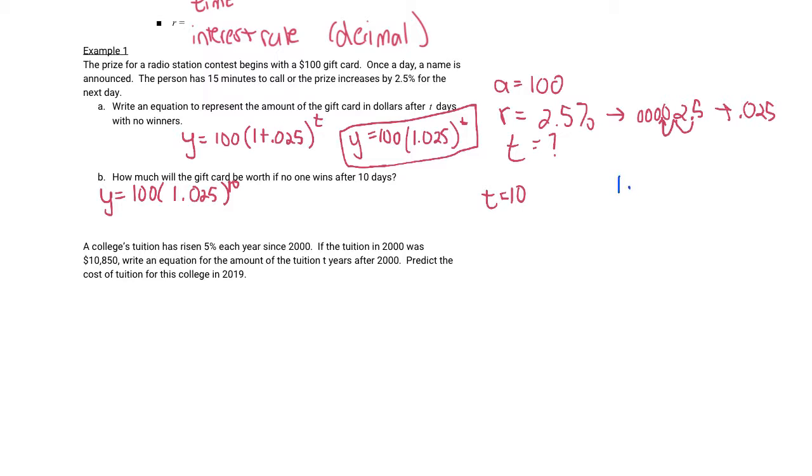I would do 1.025, and then either that caret button or the Y to the X button or the X to the Y button, whatever it is that you use to make an exponent. 1.025 exponent 10 equals, and that'll give you another number. And then you do answer times 100 equals, and that's going to be your final answer.